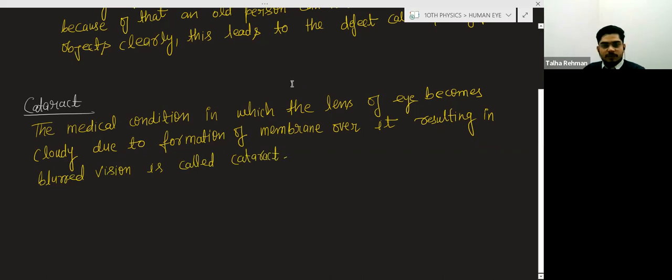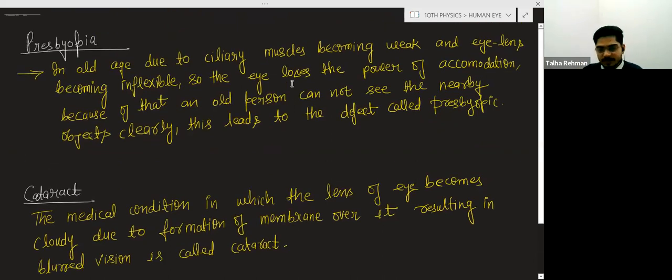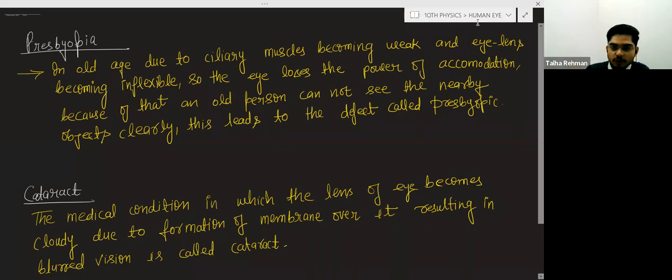So what is presbyopia? Presbyopia occurs in old age, in which the ciliary muscles become weak and the eye lens becomes inflexible. Due to that, the power of accommodation is lost, and the old person is not able to see nearby objects clearly. What is cataract? In cataract, there is a formation of a membrane over the eye, due to which the eye is not able to see objects clearly. In myopia, the person is not able to see distant objects clearly.